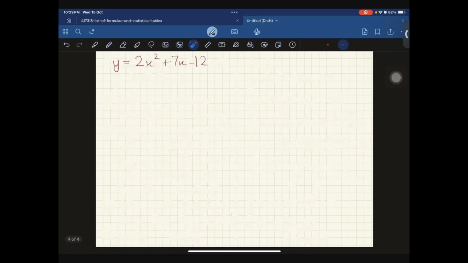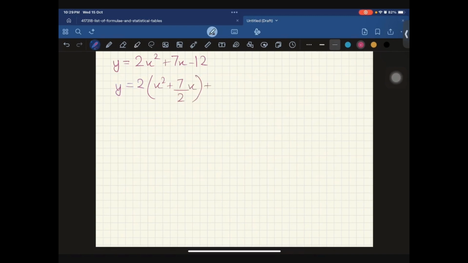What's the coefficient of x square over here? 2. So the first step will be that you take 2 common, and then you have x square, and then 7x would become 7 upon 2 x. Okay? You get why it's 7 upon 2? Oh, yeah.